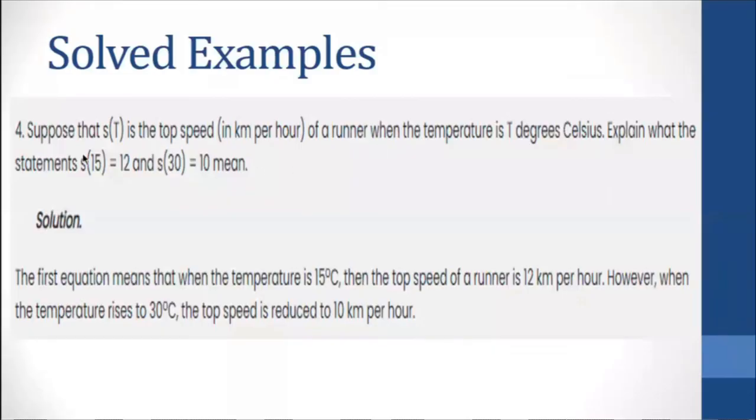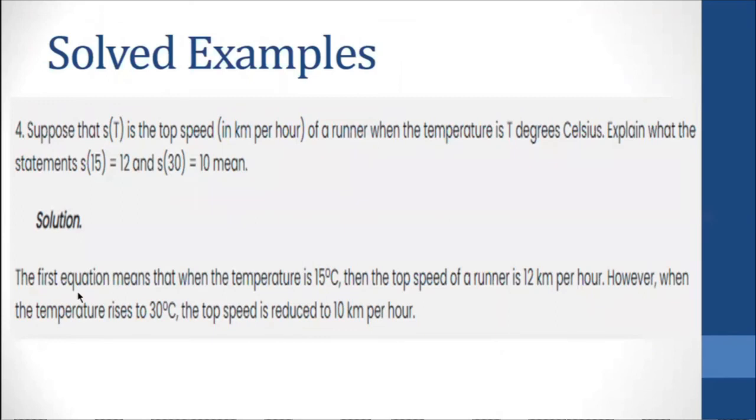Okay, next example. Suppose that S of t is the top speed in kilometers per hour of a runner when the temperature is t degrees Celsius. Explain what the statements S of 15 equals 12 and S of 30 equals 10 mean.